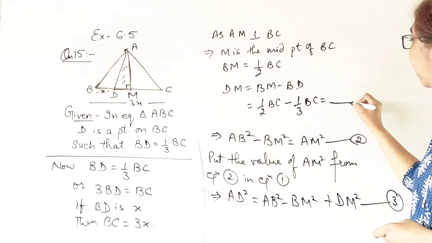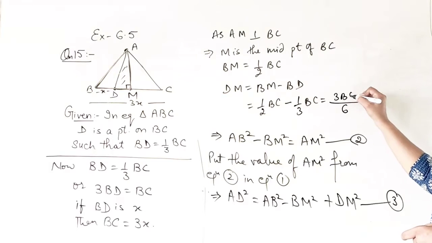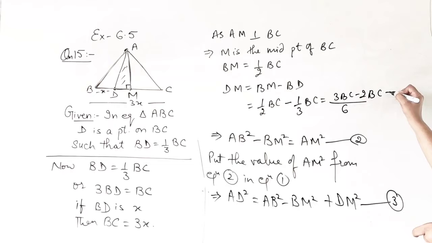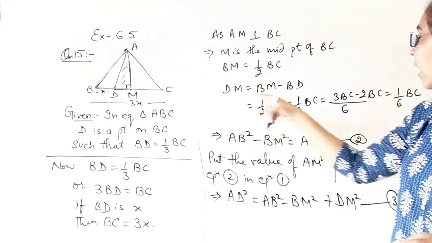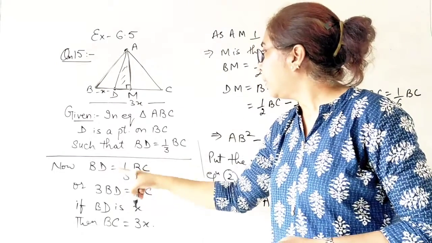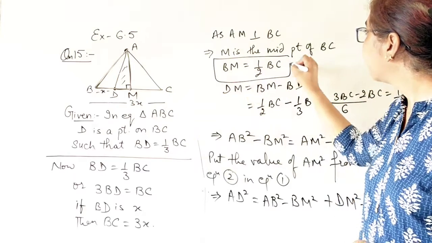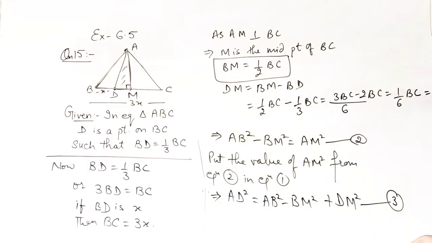Now subtract it by taking LCM. LCM will be 6. So 3 BC minus twice of BC, that is 1/6 of BC. Now we have DM in the form of BC and also this BM in the form of BC. This one and this one. This is equal to DM.